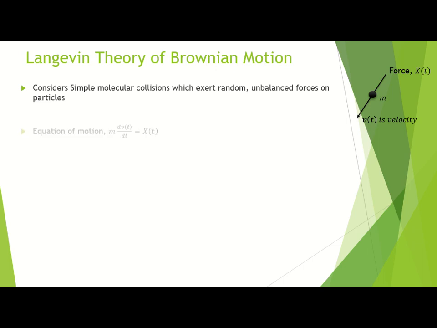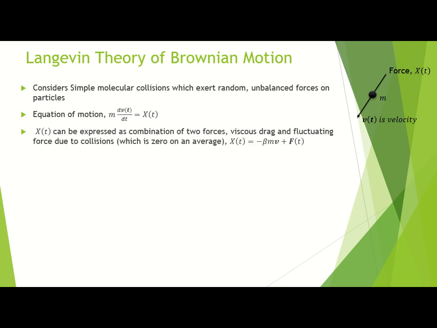Okay, so if we have this force, we can write the equation of motion by using simple Newton's law, and it tells us that the change in the momentum will be because of this force. Now this force can be expressed roughly as a combination, or resultant, of two forces.